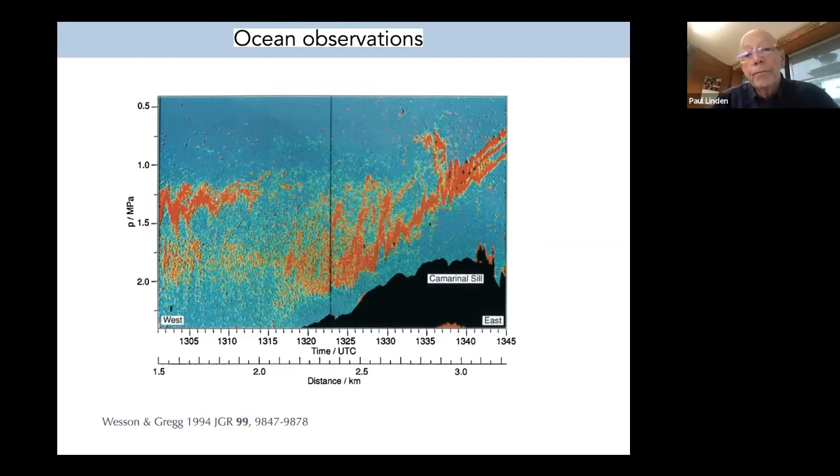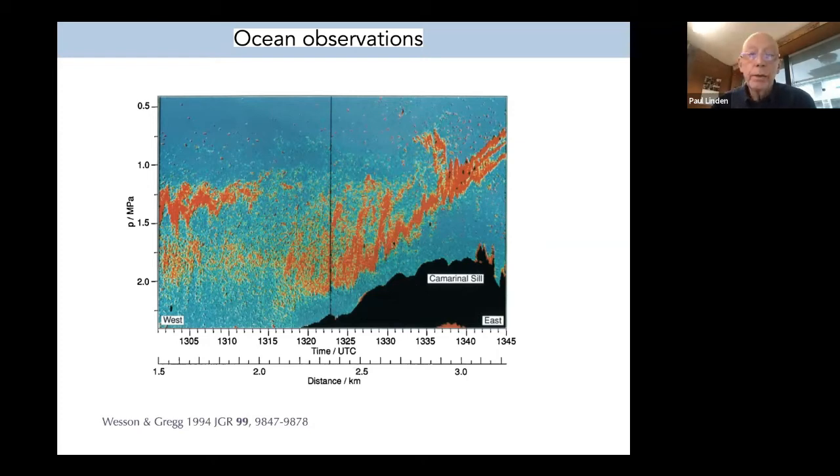It's caused by the shear flow over this Camarinal Sill, so we clearly see evidence of instabilities, and so even in systems where we know the ocean as a whole is very stably stratified, we certainly see these instabilities taking place as a result of shear flow action.